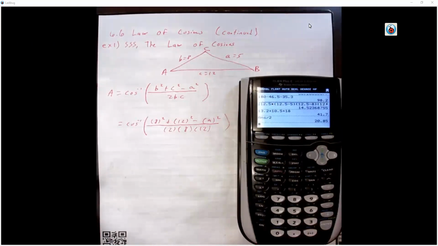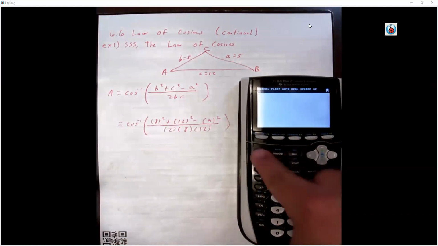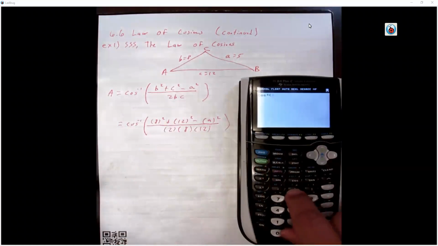Now, you can use the fraction button if you have a fancy calculator. If you do not, you can just type it in with parentheses for the top. Or pretend that this is a crappy calculator.